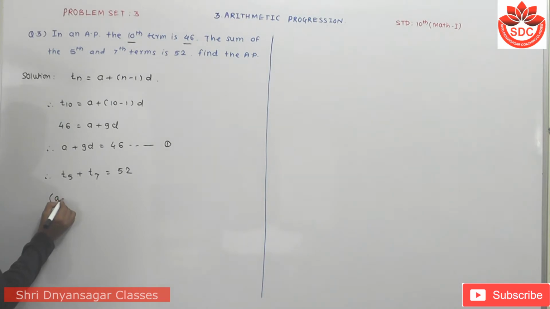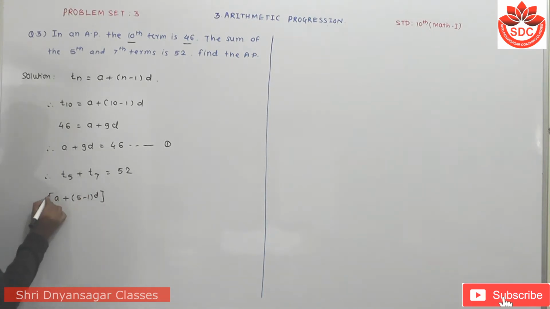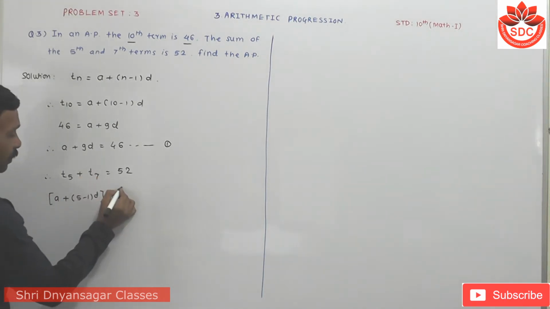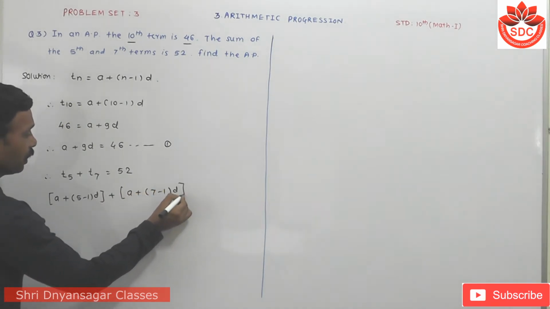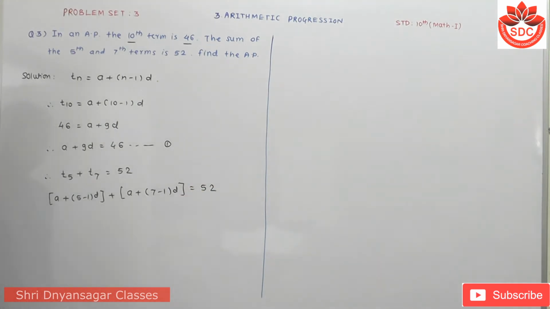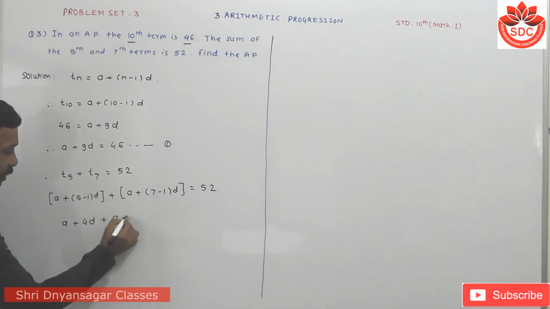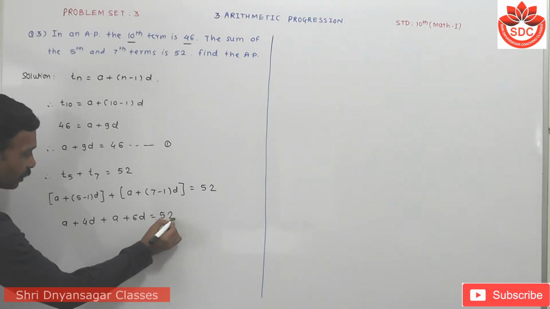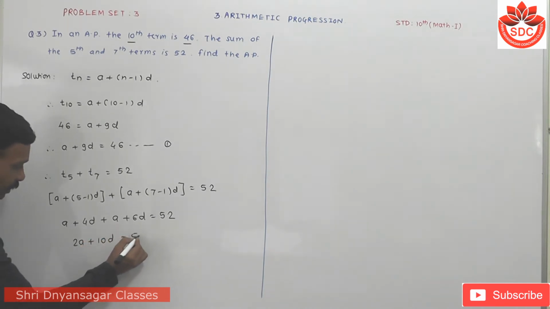T5 is A plus 5 minus 1 into D, plus T7 is also A plus 7 minus 1 into D, is equal to 52. Then this is A plus 4D plus A plus 6D is equal to 52. A plus A is 2A, plus 4 plus 6 is 10D, is equal to 52.